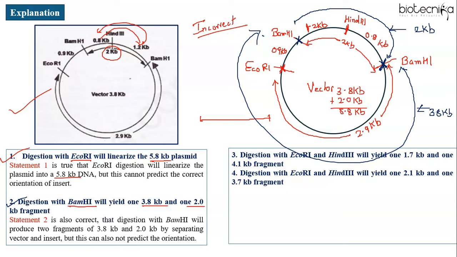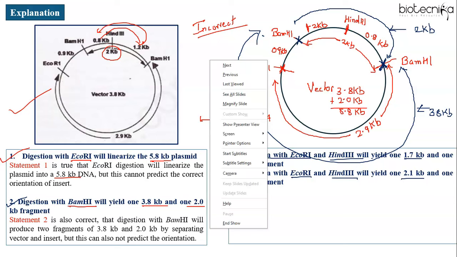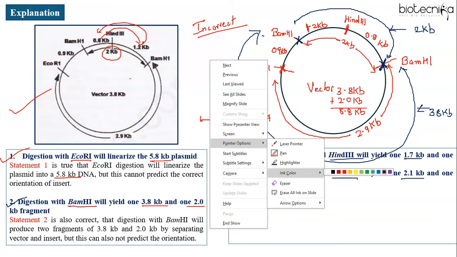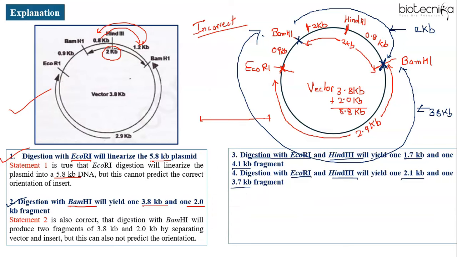Now statement 3 and 4, just have a look carefully. Digestion with EcoR1 and HindIII will yield one 1.7 kb and one 4.1 kb fragment. And digestion with EcoR1 and HindIII will yield one 2.1 kb and one 3.7 kb fragment. So let's find out. Let's use another ink color. If we digest with EcoR1 over here and with HindIII, it will cut over here.